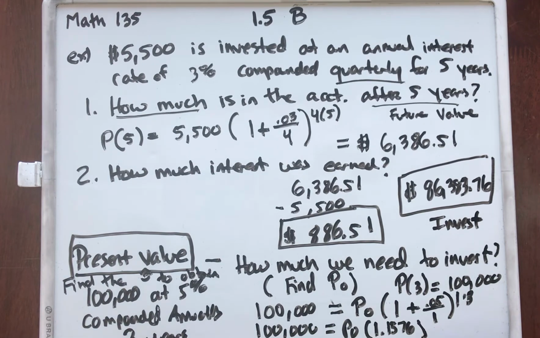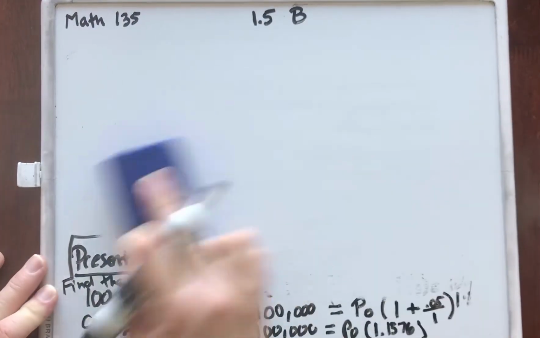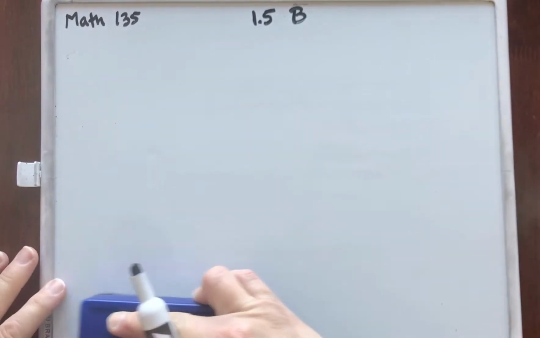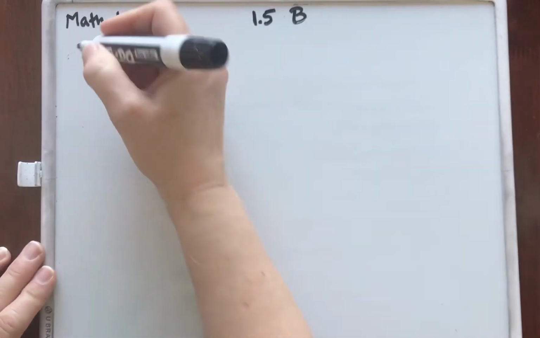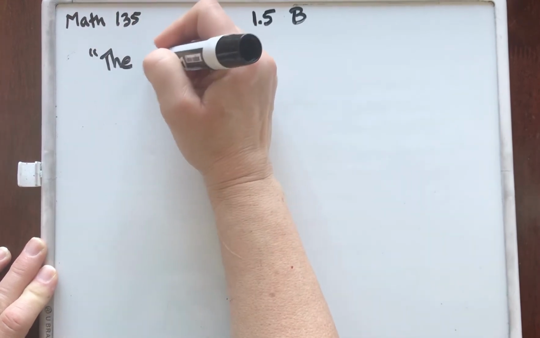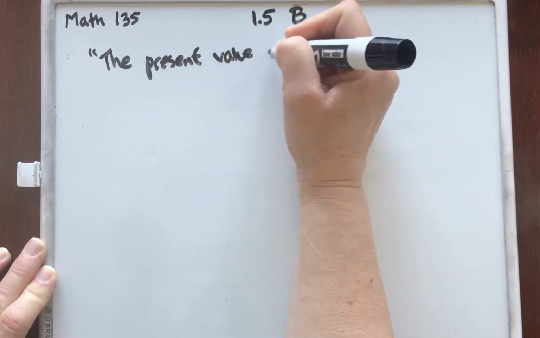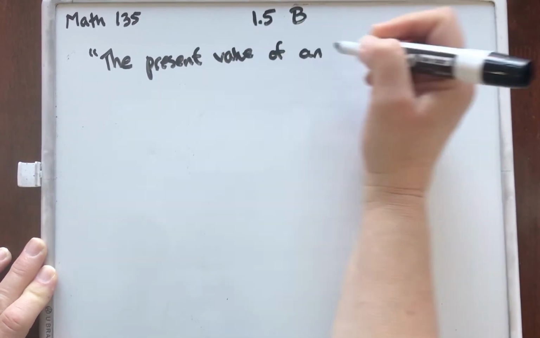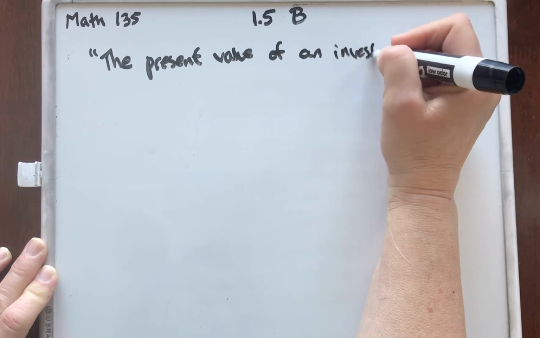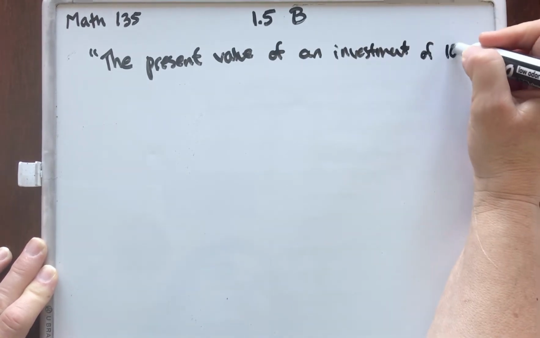Okay, let's move on. The book has a weird way of writing this type of problem, and you will probably see it in your homework too. That's why I'm bringing it up. This is how it'll be worded: the present value of an investment of $100,000.